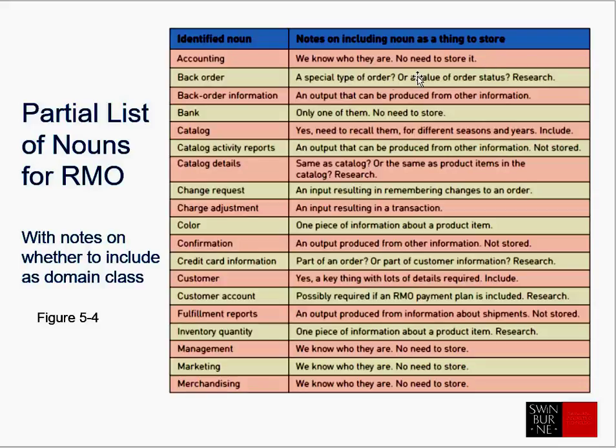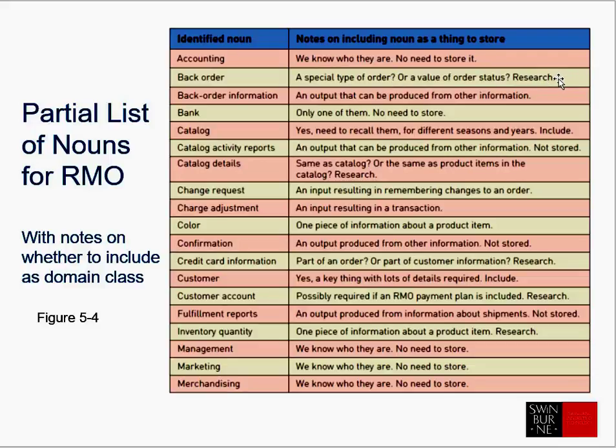Then he also came up with a noun called backcode, and with this noun he had a puzzle. He recorded a question: is it a special type of order, or is it a value of order status? So do a bit of research. This is the note he has written in his notebook.